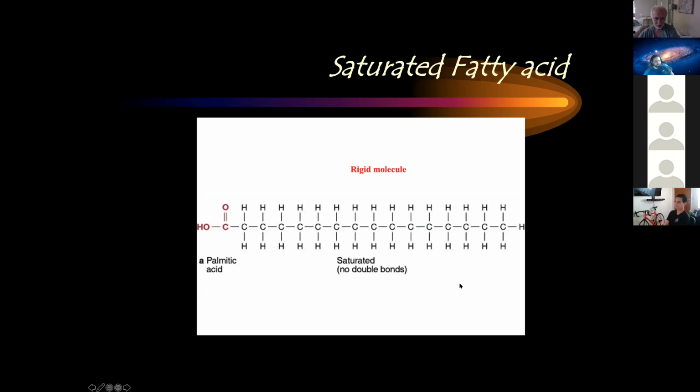These are rigid molecules, the hydrocarbons, if they're saturated. And saturated means no double bonds. This is an example of palmitic acid. And this is rigid, and whether it's rigid or not becomes important in membrane formation.